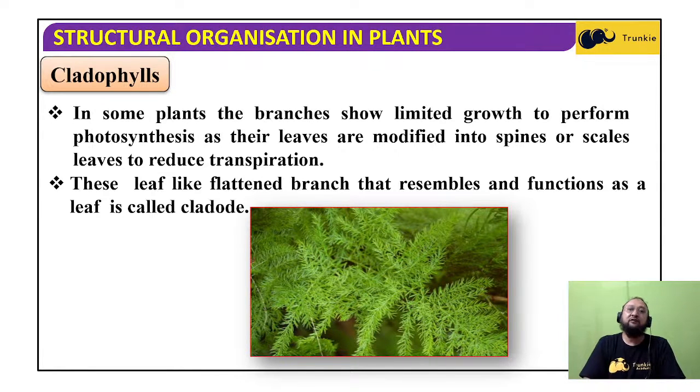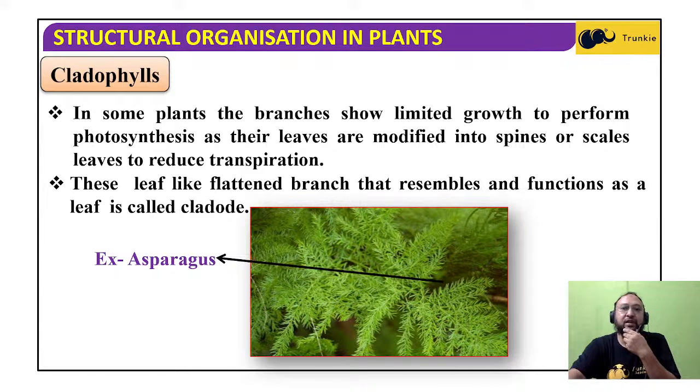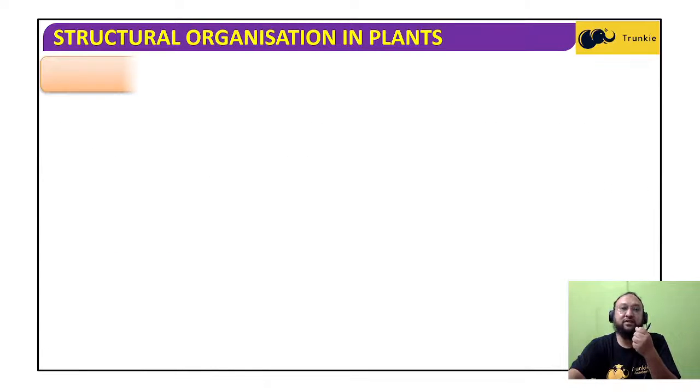They function as leaves by performing photosynthesis, and the actual leaves are reduced to spines and scale leaves to reduce transpiration. So these stems are modified as cladodes or cladophylls to function as leaves, because the plant has to conserve water. The example is asparagus.